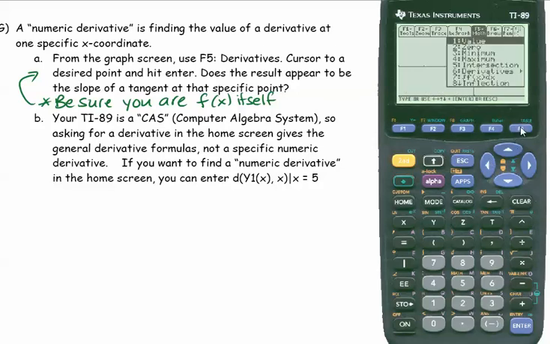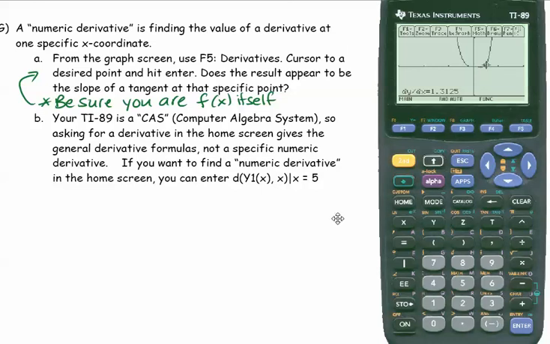If I want to find the derivative, so I go to choice 6, and dy dx is the only choice right now. If I wanted to find the derivative at 0.5, I can just type in that x coordinate instead of using the cursor. And there's the slope of this function. So if you use the derivative of the derivative, remember you would be finding the values of the second derivative. So you'll want to be careful about that.